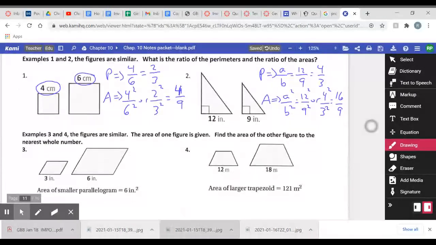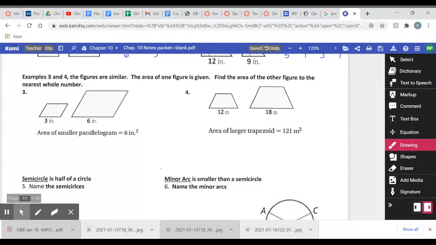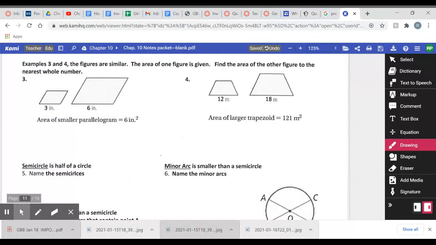Okay. Then if we look at examples 3 and 4, it says that the figures are similar to each other. The area of one is given. Find the area of the other figure to the nearest whole number. Okay, so in this case, first we're going to start off like we did a moment ago.